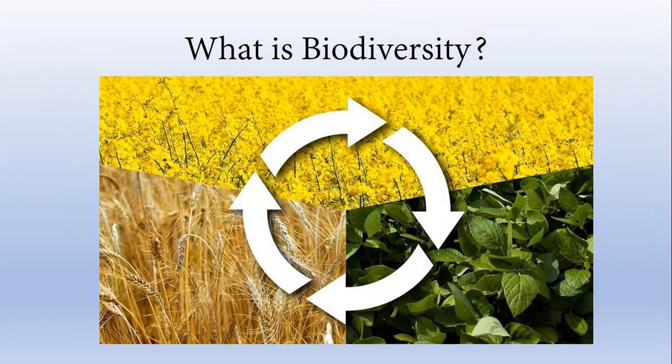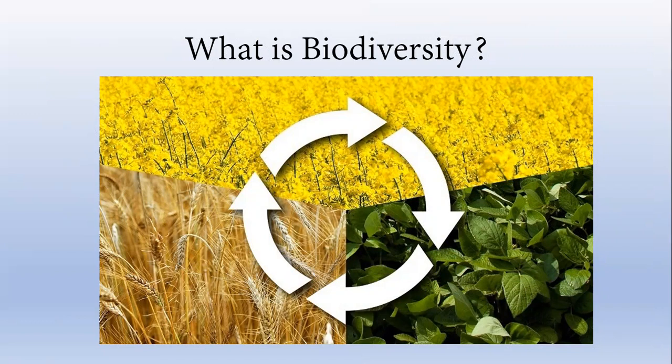Biodiversity refers to the variety of plants, animals, and microorganisms above and below the soil that interact with ecosystems. This is a major tenet of sustainable agriculture. We want to mimic the natural habitats we see in a natural ecosystem, where there are tons of different plants and tons of different wildlife and tons of different activities going on.